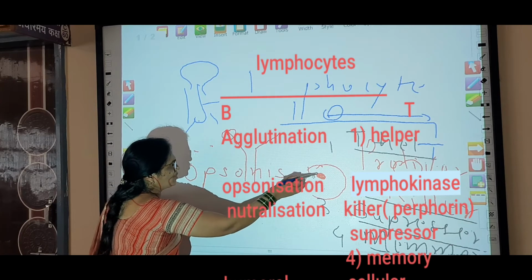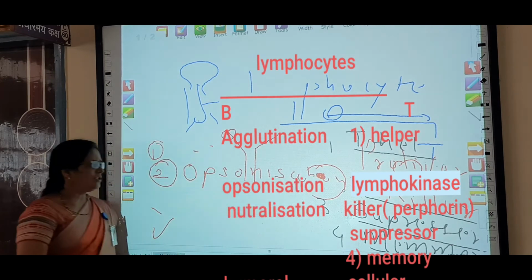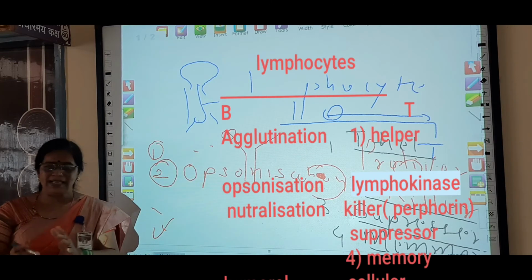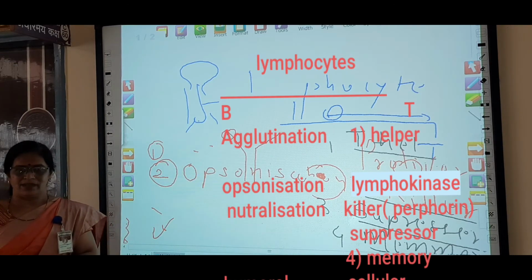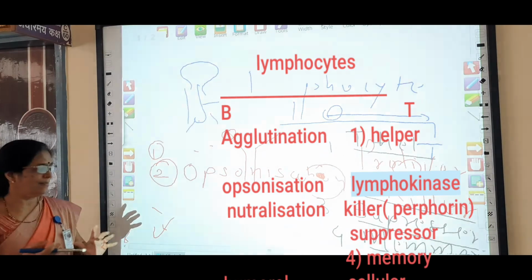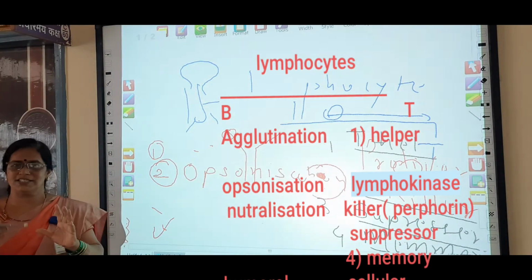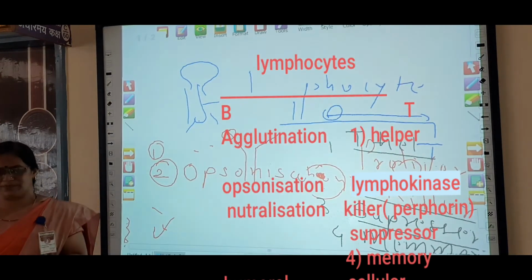What is the meaning of opsonization? Opsonization means this immobilized mass is killed by secretion of toxic substances.